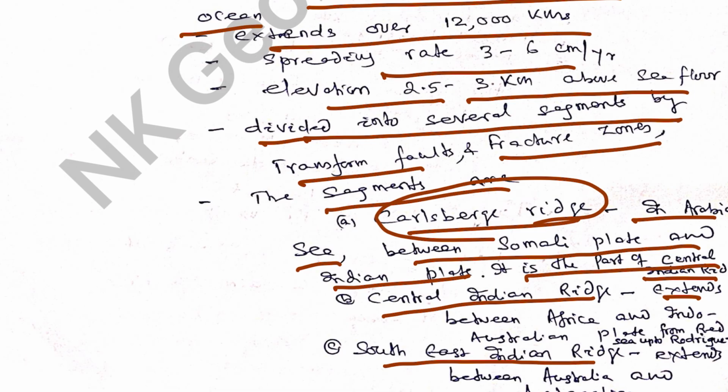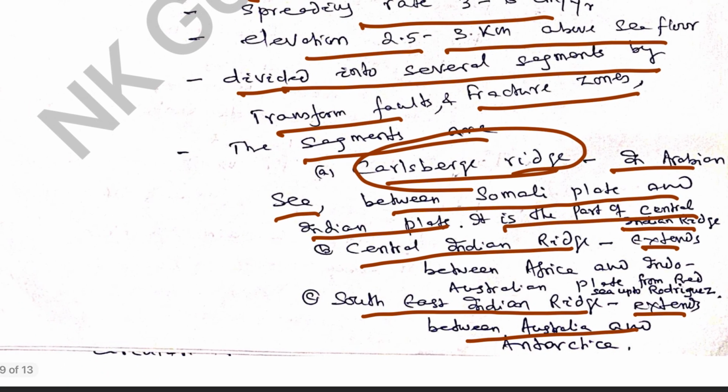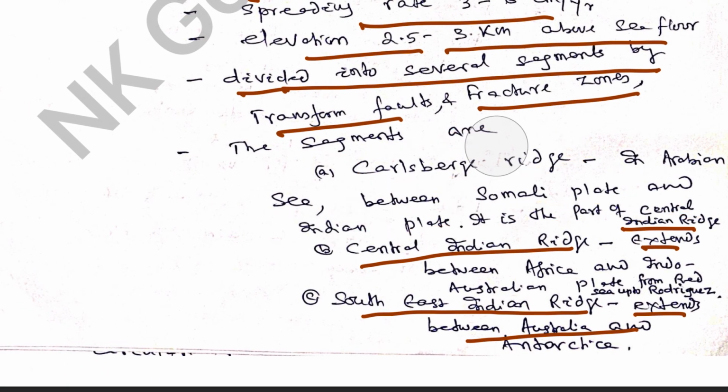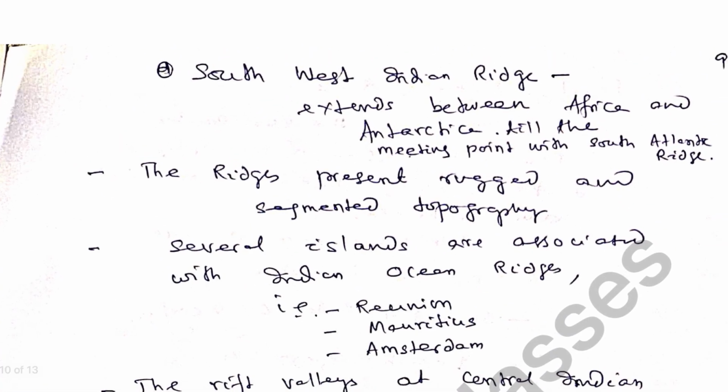The Southeast Indian Ridge extends between Australia and Antarctica from the Rodriguez Triple Junction. Then the Southwest Indian Ridge extends between Africa and Antarctica till the meeting point with the South Atlantic Ridge. The ridges present rugged and segmented topography.